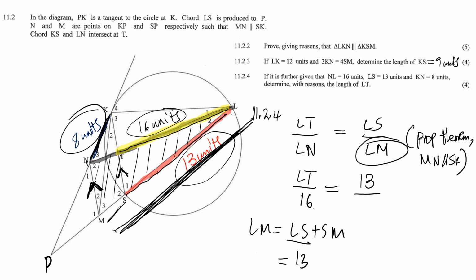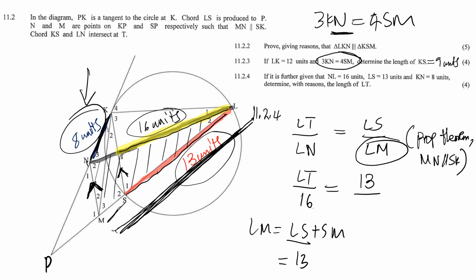That is why, when you are solving Euclidean geometry, you have to relate to the previous statement given. From the previous statement, we are given that 3KN is equal to 4SM. Using that statement, we can solve for SM, because we are given KN, which is 8 units.